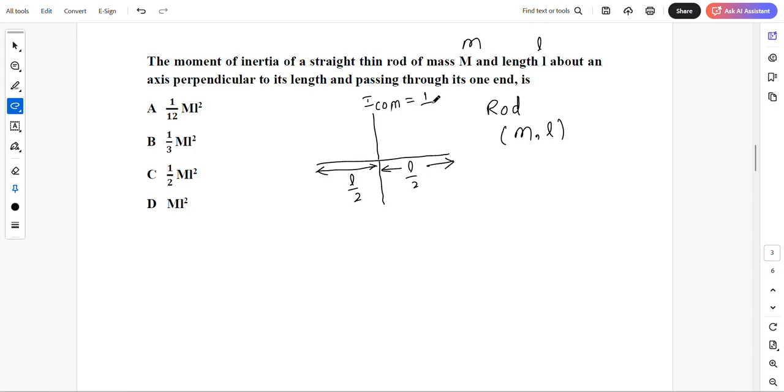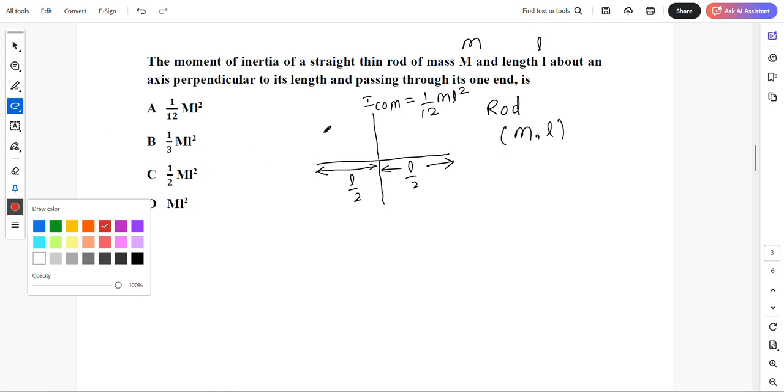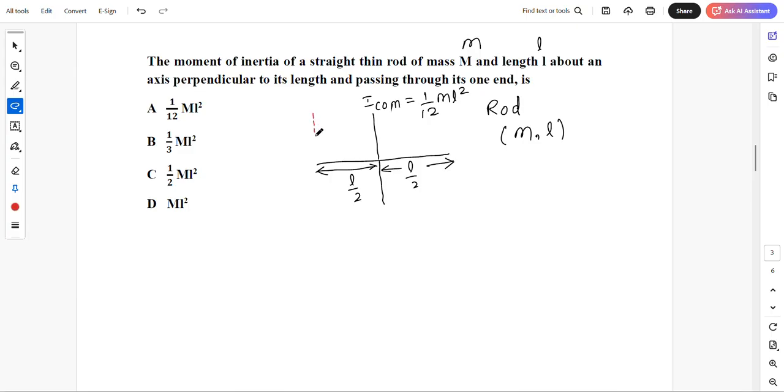The formula for this one you have to remember: 1 by 12 ML square. What they are asking, you are supposed to calculate the moment of inertia of a straight thin rod of mass m and length L about an axis perpendicular to its length and passing through its one end. One end means here, this corner.